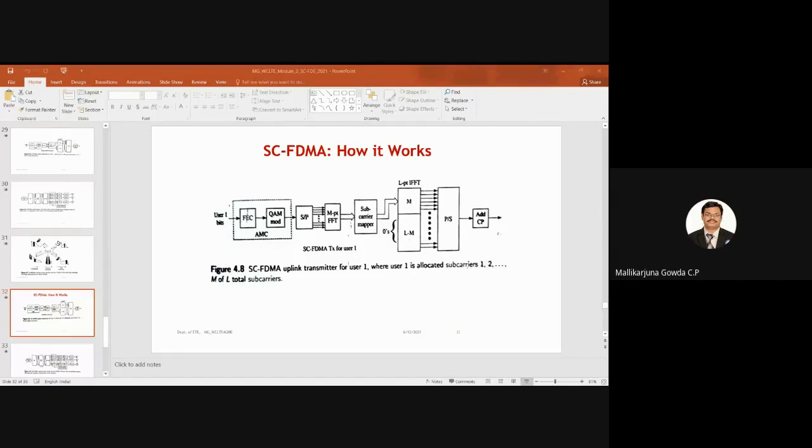We do M point FFT, then the subcarrier mapping, then L point IFFT, then the parallel to serial converter, add cyclic prefix, and transmit. This is how SCFDMA works for the uplink transmission.